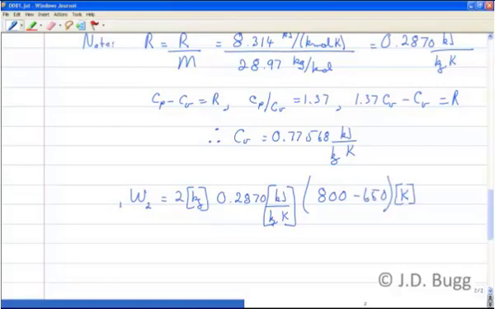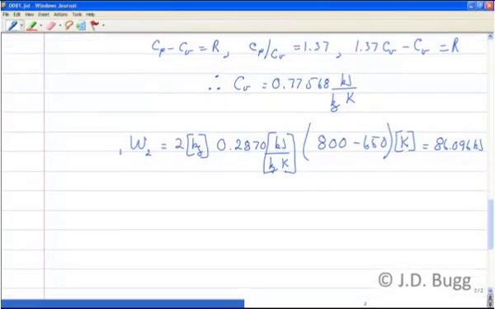And both of those temperatures are in Kelvin. And we calculate that, and it works out to 86.096 kilojoules. So we found our first energy transfer here, and we'll just state it to 3 significant figures. So 86.1 kilojoules.